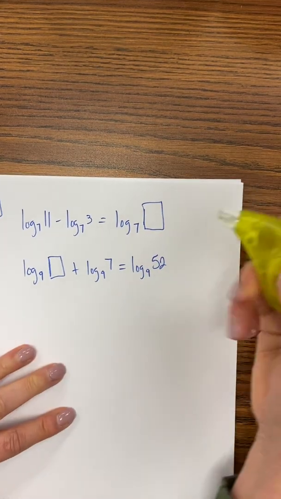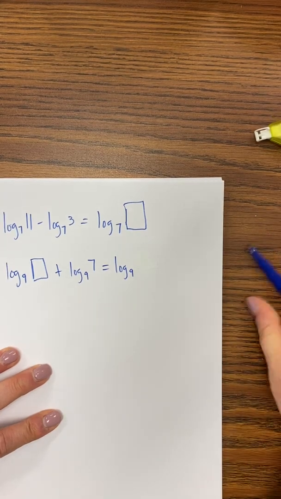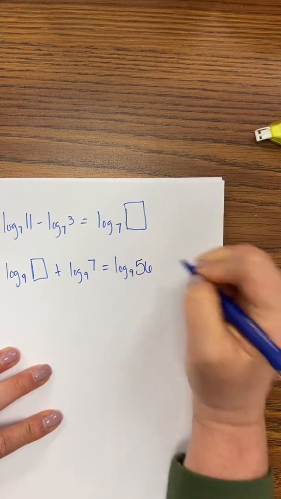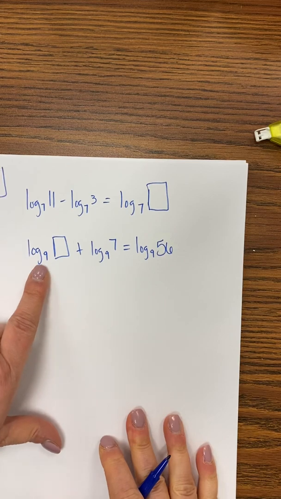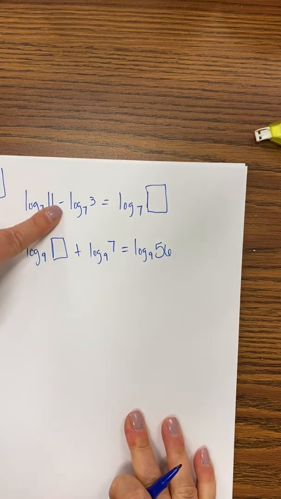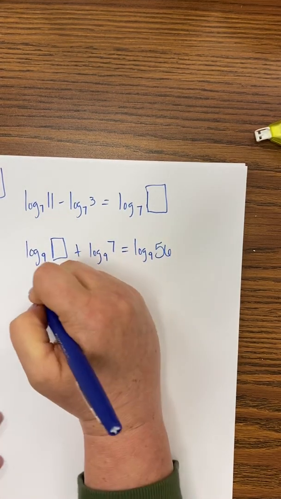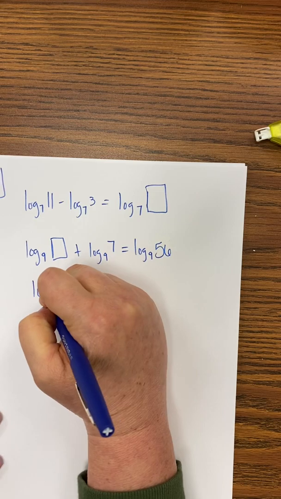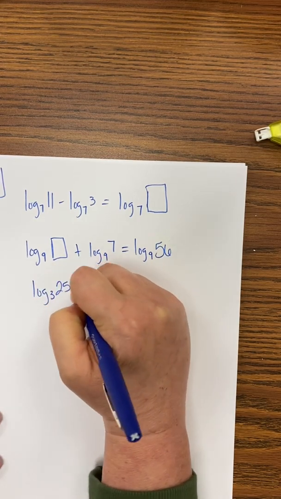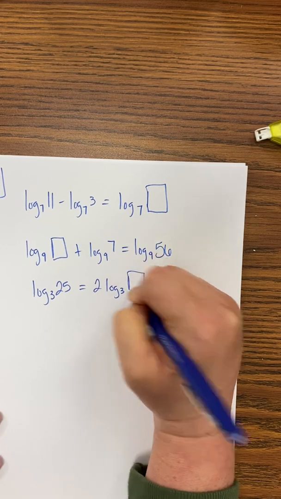That should be a 56. So notice how they want you to find the answer within the problem. So this one is a quotient because it's subtraction. This one's product because it's addition. And then this last one is going to be the power property. And they want you to find that box.